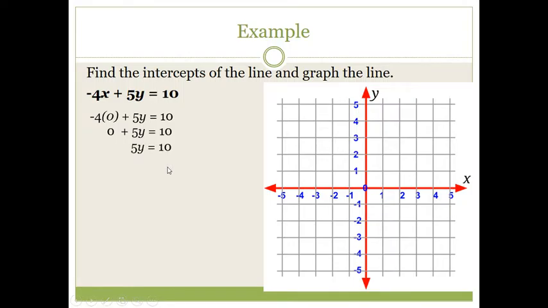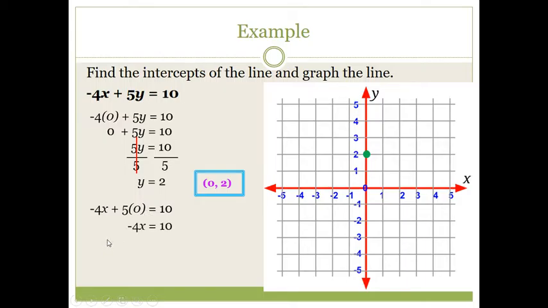So when I do that and I solve for y, I get that y is equal to 2. So now we know that the y-intercept is at 2. So I'm going to plot a point right there at 2. We'll do the same thing to find the x-intercept, except this time we replace the y with 0. We use our inverse operations to solve the resulting equation.